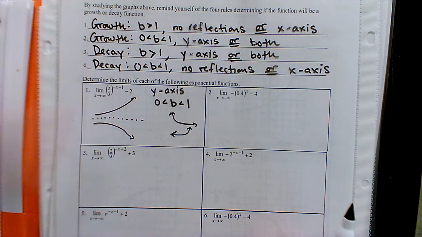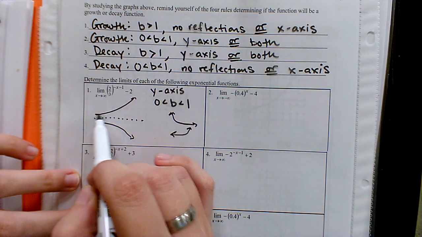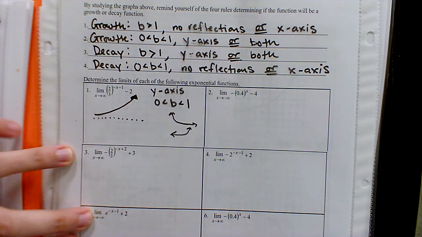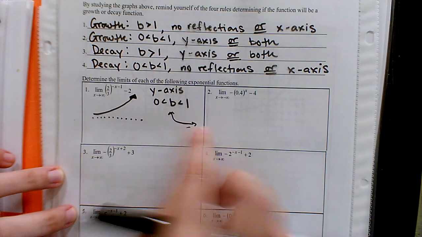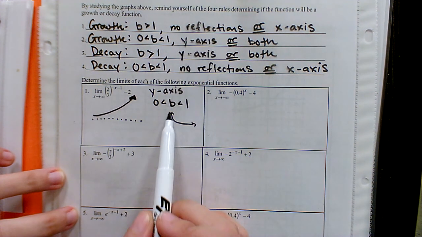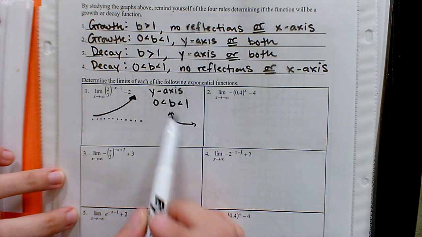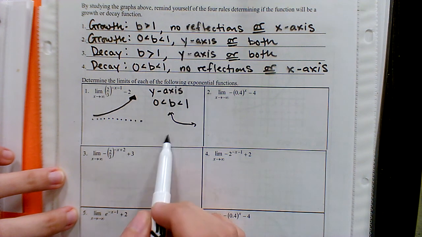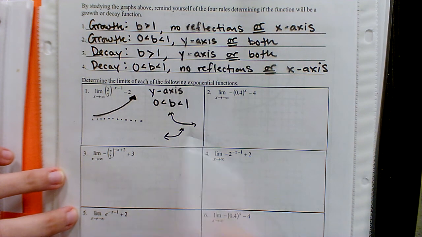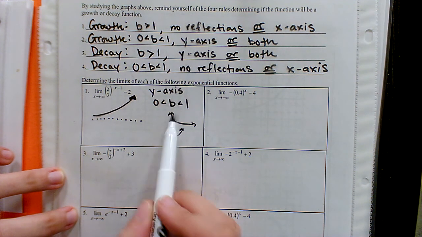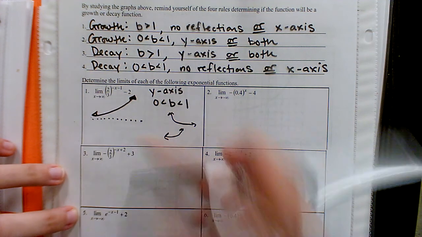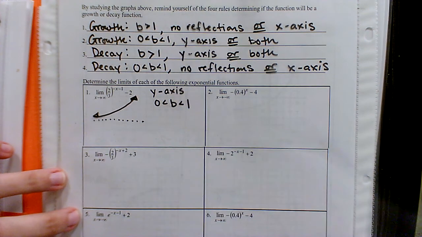So if these are our only two options, then this is the one that makes sense, because we only had the y-axis reflection. This is what a decay base value between 0 and 1 originally looks like, and if we do a y-axis, we're flipping it left and right. So now the flat part's on the left and the tall part's on the right. Does that make sense?